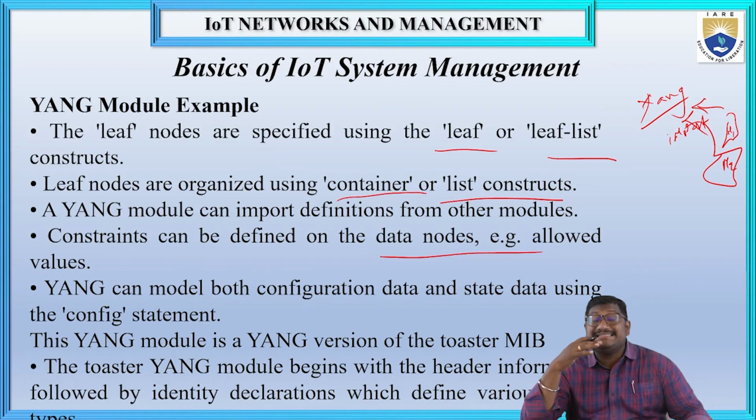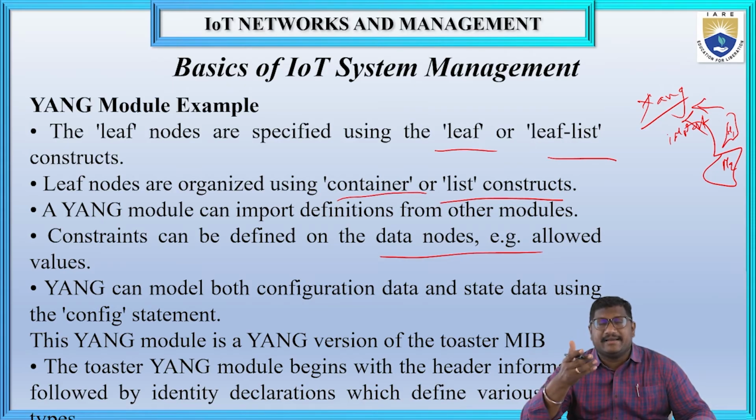And here in this YANG model, we are dealing with the configured data and the stated data, which is officially called state. And in this YANG model, there is a version called the YANG version, which is used for toaster MIB, management information base.